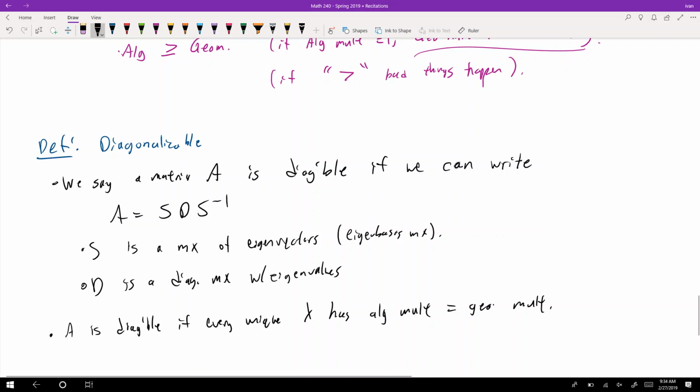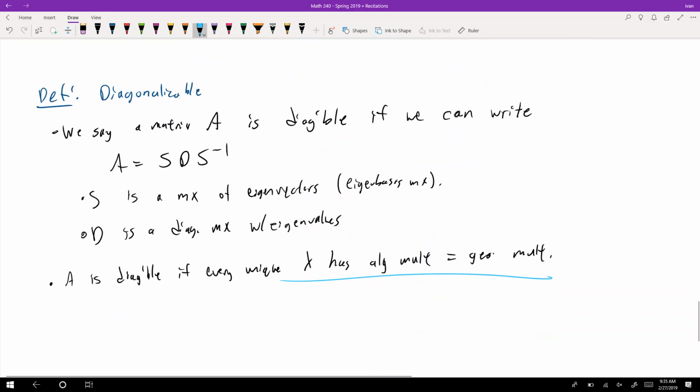So if the algebraic multiplicity of every eigenvalue of that matrix is equal to the geometric multiplicity, we can write it as SDS inverse. Which is why I said bad things happen if they're not equal to each other, because first of all, it's not diagonalizable, and so that just creates a lot of problems. So this is the condition that is required: every unique lambda has algebraic multiplicity equal to geometric multiplicity.